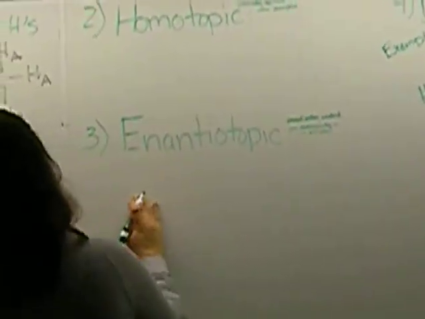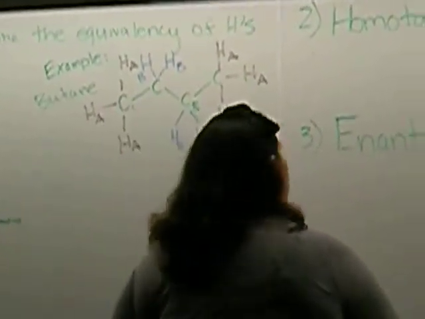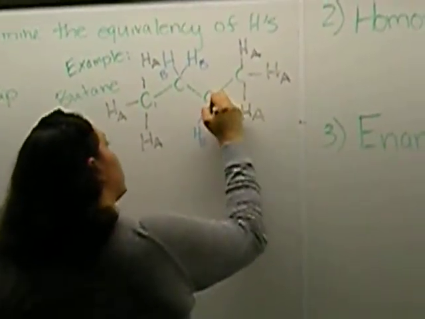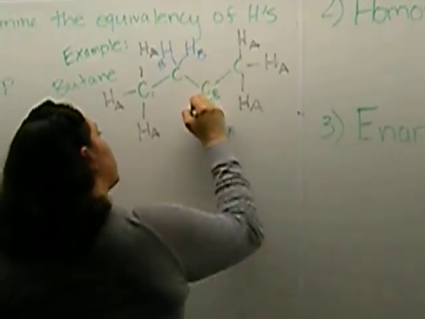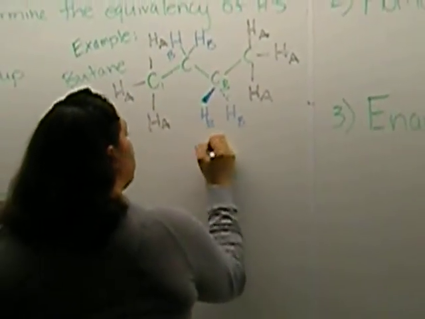The next one is enantiotopic, which would be if there was chirality in the molecule. So say at C3, we had chirality. Therefore, they're prochiral.